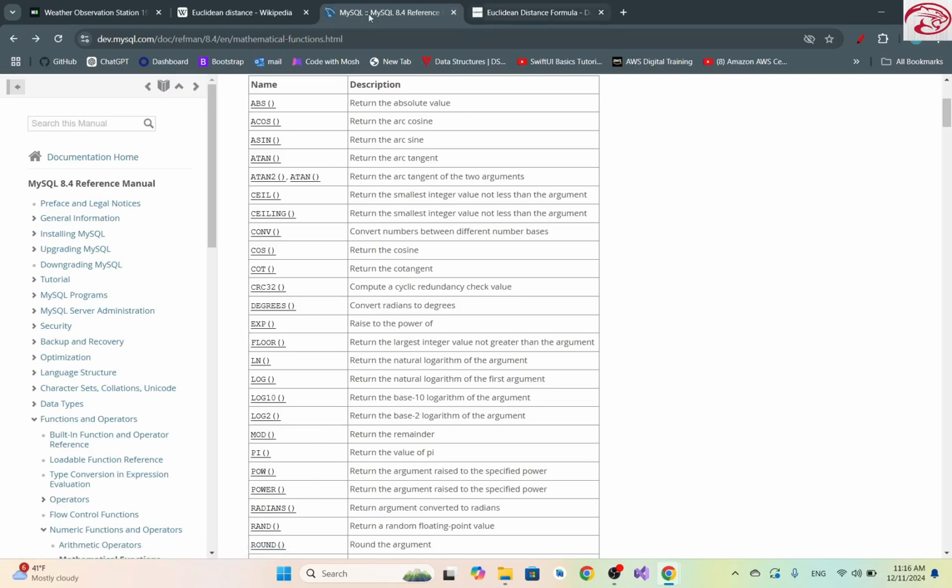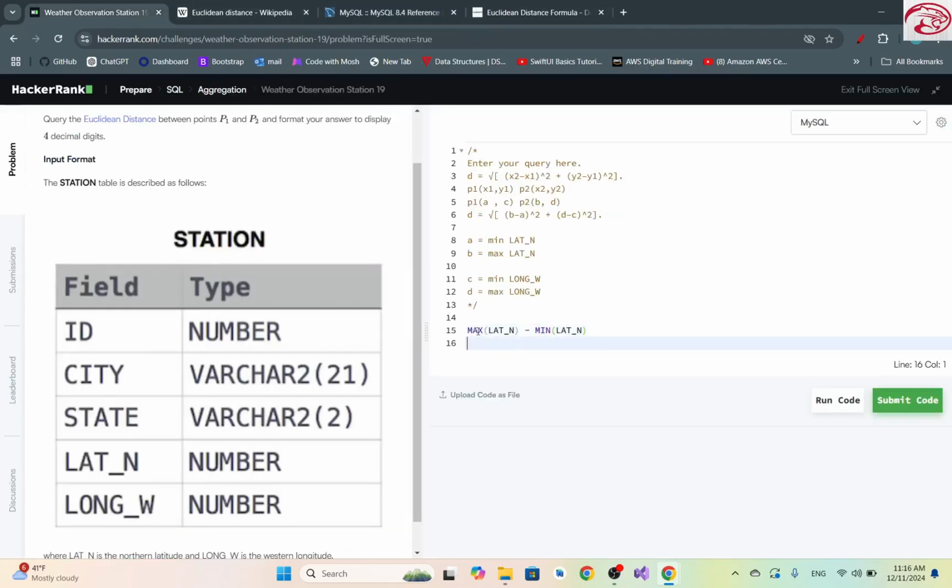So we are going to raise these values to the power of 2. So we are going to pass it to the power function. Let's use the power function, and we are going to raise the result of these 2 functions to the power of 2. And also let's put the plus sign here.